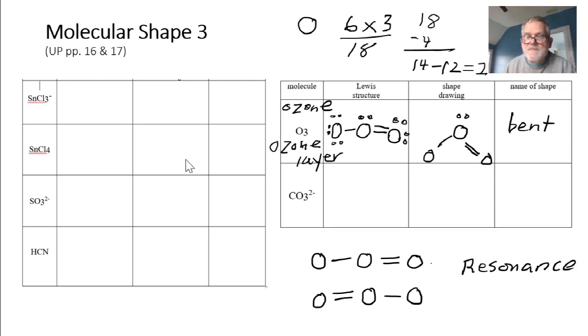Resonance. And what that means is that these structures flip back and forth between these 2. And in fact, what ultimately happens is that the structure of ozone really looks something like this, where the double bond kind of spreads itself over the whole molecule. So you have 1.5 bonds between the atoms in the molecule. And we indicate that by a dashed line.